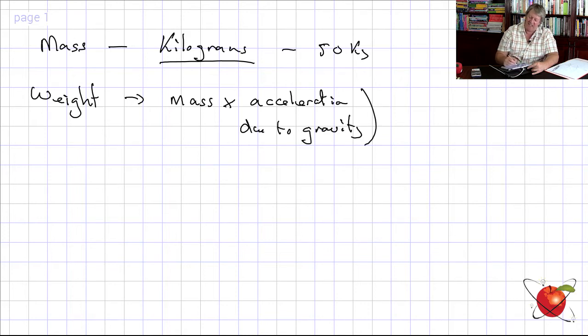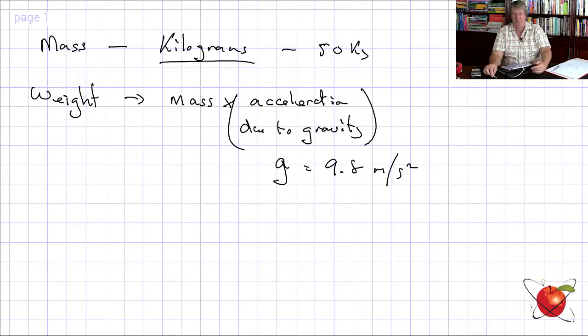And that figure there is A, or let's call it G in this case, which is 9.8 meters per second squared. So the weight of something is the mass times G, which is 9.8 meters per second squared. It's the acceleration due to gravity.